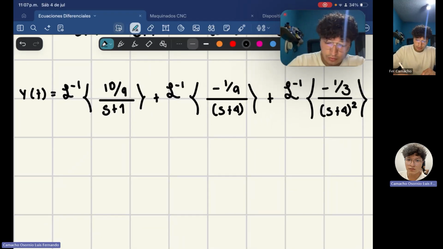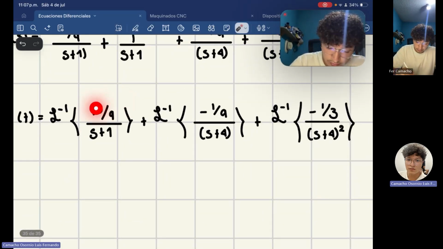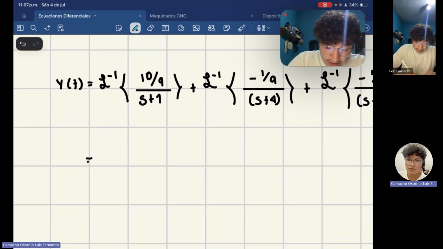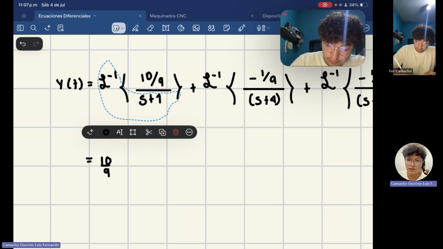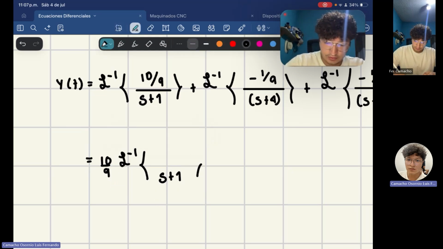And in this case, we can separate the values inside of the fraction. Let's do it. 10 over 9, and we can copy this.